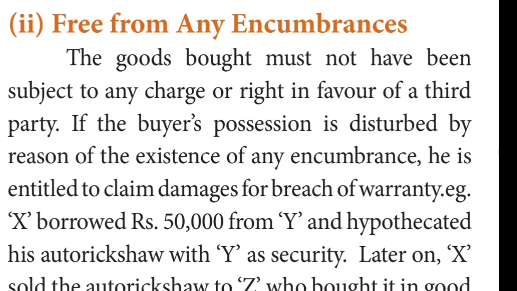Again, the same thing: if the buyer has got the product and is being disturbed for any reason, then damages can be claimed as per the warranty. You buy the product, and after you buy it, a third party or the company itself comes and disturbs you, saying please bring back the product, you're not going to use it, it is not for you. Then you can always claim the damages. So any burden attached along with the product is an implied warranty for which you can claim damages.